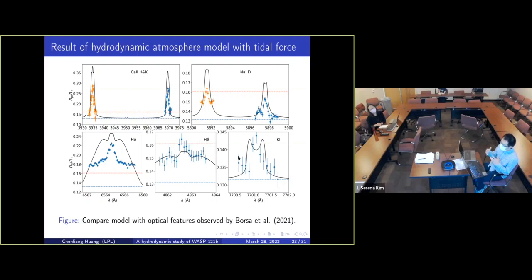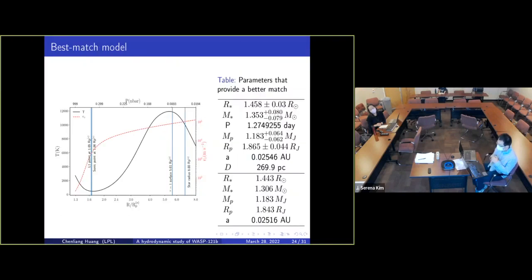So then we try to tune our parameters to find something meaningful, because a lot of parameters actually have very large error bars, so we adjust some of them. So this is the best match model, with the observed physical parameters.